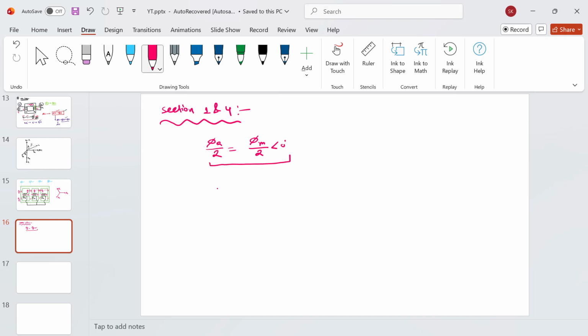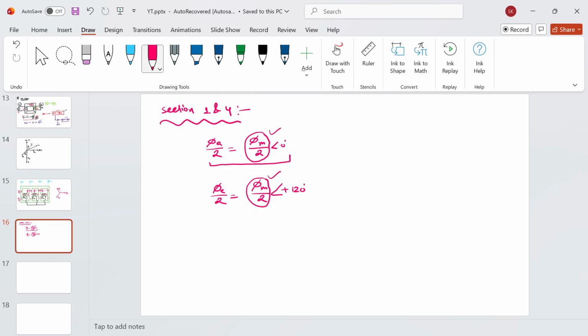For section 4, it is phi C by 2, so phi m by 2 at plus 120 degrees; that's the phase difference. But the magnitudes in section 1 and section 4 are the same, half of phi m. So in these two sections, I need the core in such a way that it can pass this much flux.